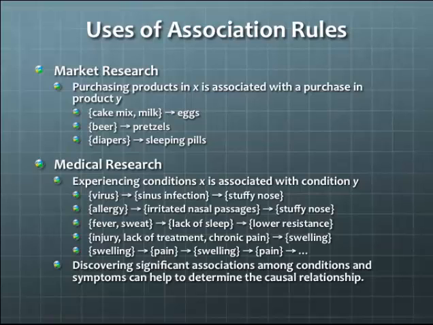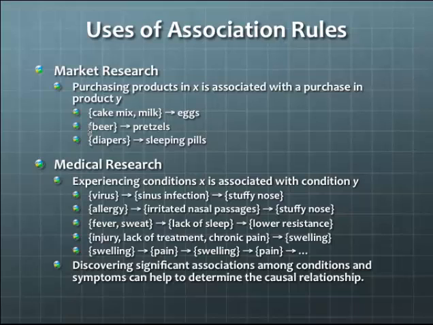It is usually used to analyze whether the purchase of product X is associated with a purchase of product Y. The rules suggest that a strong relationship exists between the sale of product X and product B, because many customers who buy product X also buy product B. For example, this rule shows that customers who buy cake mix and milk usually buy X too.